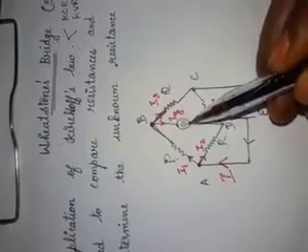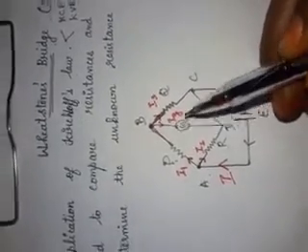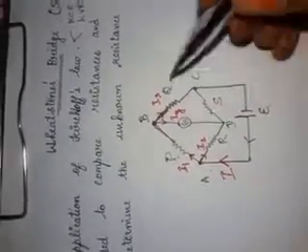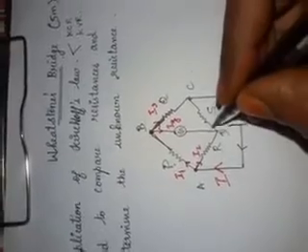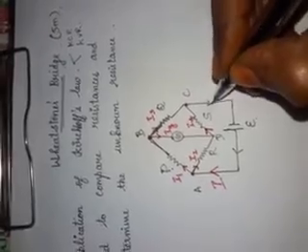Galvanometer, capital G, represents the resistance of the galvanometer also. Next, this I3, this Ig and I2 combine together and give rise to I4, which flows in this direction from D to C. So this is I4. Now I3 and I4 combine together at the point C, and the current comes out as I again.